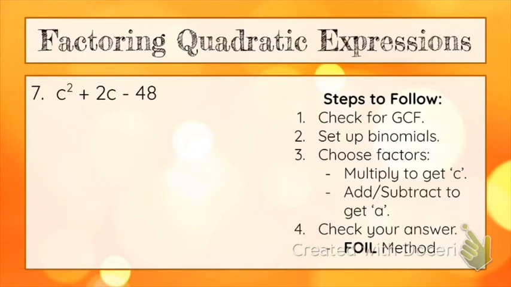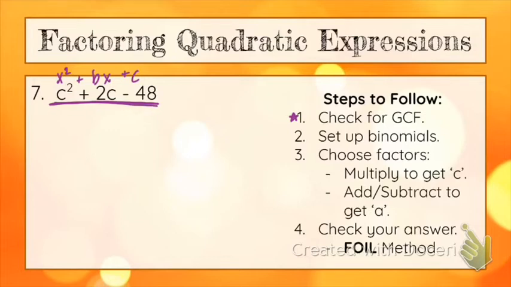So when we factor, the first thing that we are going to do is check for a greatest common factor. We're trying to split this quadratic expression. Remember, it's in x squared plus bx plus c form, okay? We're trying to factor it into 2 binomials that we can multiply together to get this.